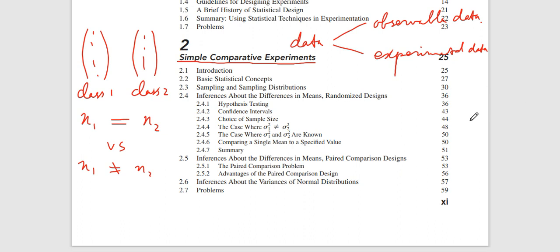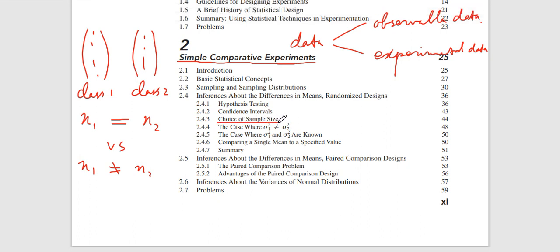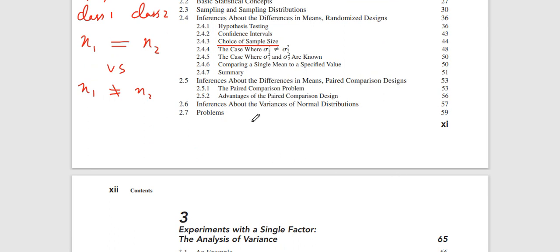So if the sample size is the same, we prove this way is better. If the two sample sizes are the same, we can also put the two samples together as one sample. This is called a paired comparison design.